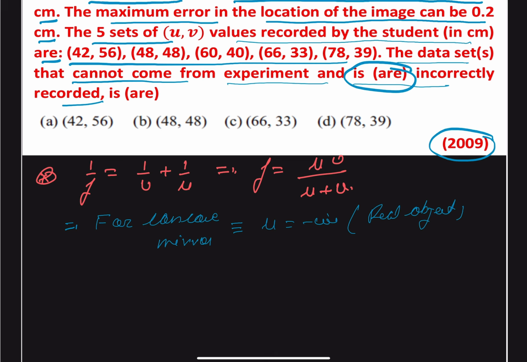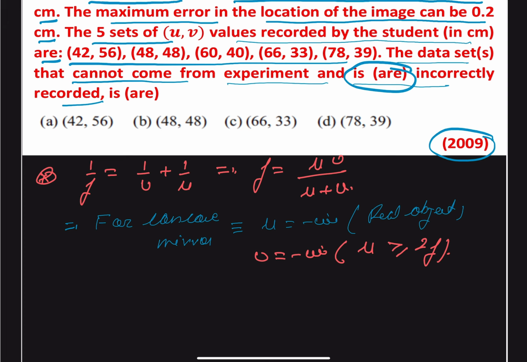And v is negative when the magnitude of u is greater than or equal to double the focal length.